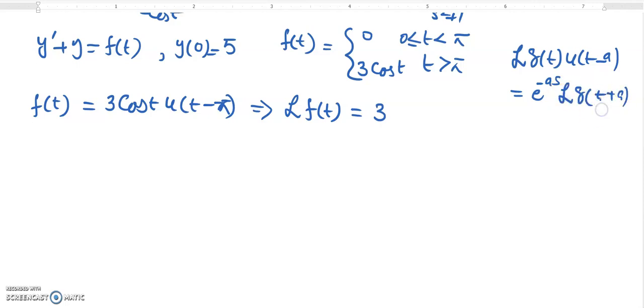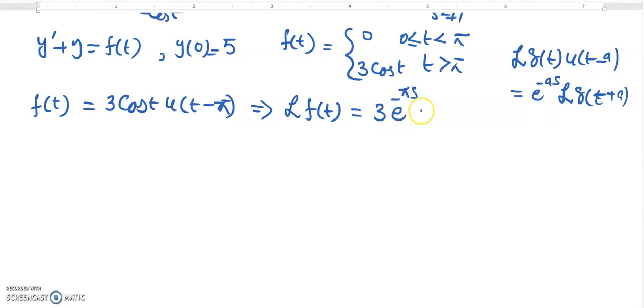This is the simplified formula we can apply. So it will be e power minus as, and in this case a is pi.